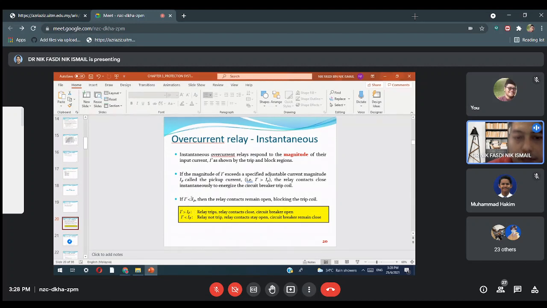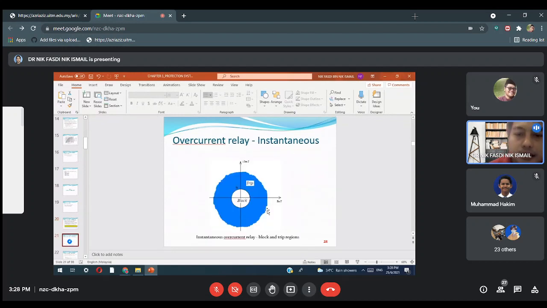Okay. If I prime is less than IP, the relay contact remains open, blocking the trip coil. So this is the diagram to show the operation region for overcurrent. If you look at this block, what does it mean? This is the trip region.